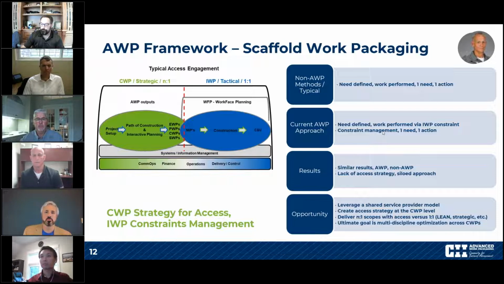There we go. I just want to reference one of the challenges we've had, or I've personally had: access has always been treated as a constraint. If you look at the traditional AWP model, access isn't thought about until the work's already defined and there's a scope identified, and then we go and satisfy that constraint on a very one-to-one basis.